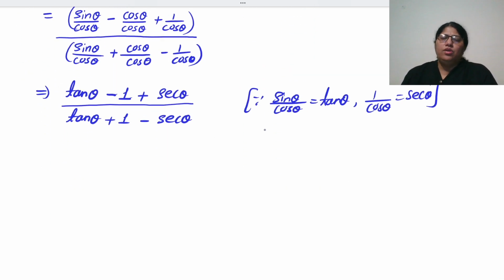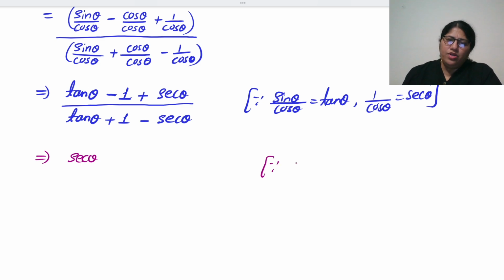Now I have to use the identity 1 plus tan square theta as sec square theta, but the first terms are not in square form, so I can't use the identity for these terms. But I can use the identity in place of 1, because we must use the identity. So how will we continue? I rearrange these terms. What is the identity?